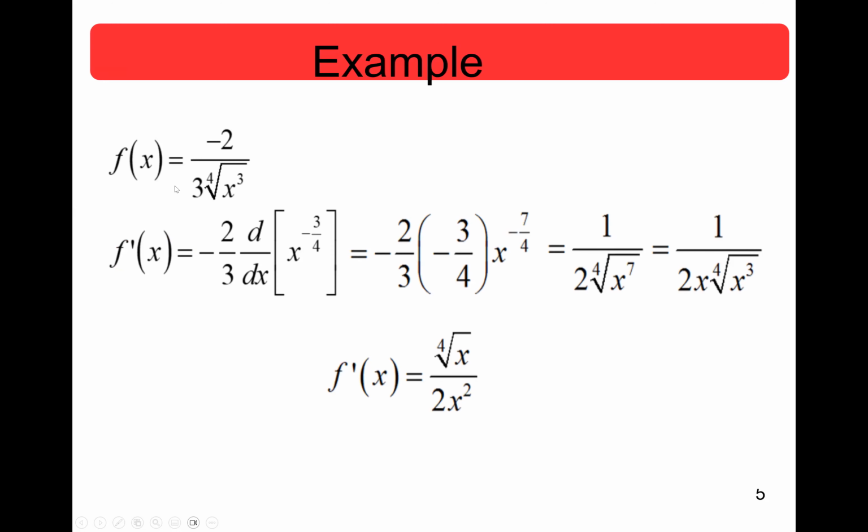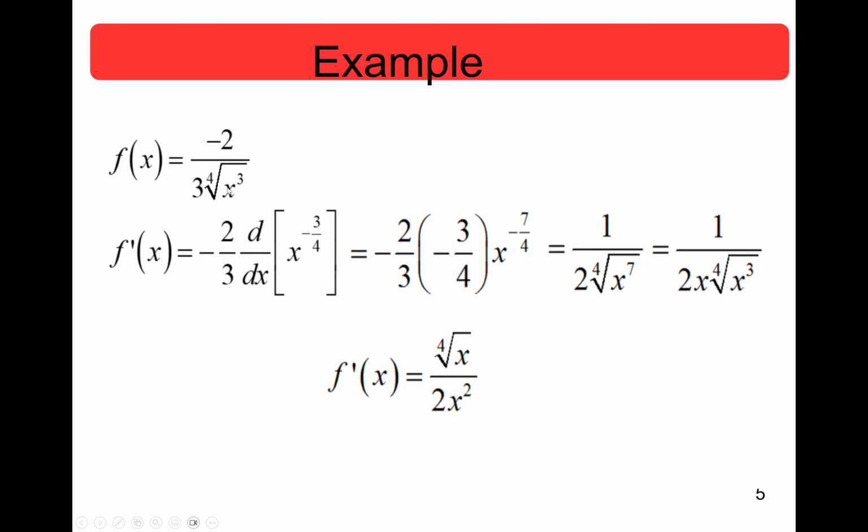Next, we have f of x equal to negative 2 divided by 3 times the 4th root of x cubed. So we can rewrite negative 2 divided by 3, then we find the derivative of x to the power negative 3/4. Why negative?